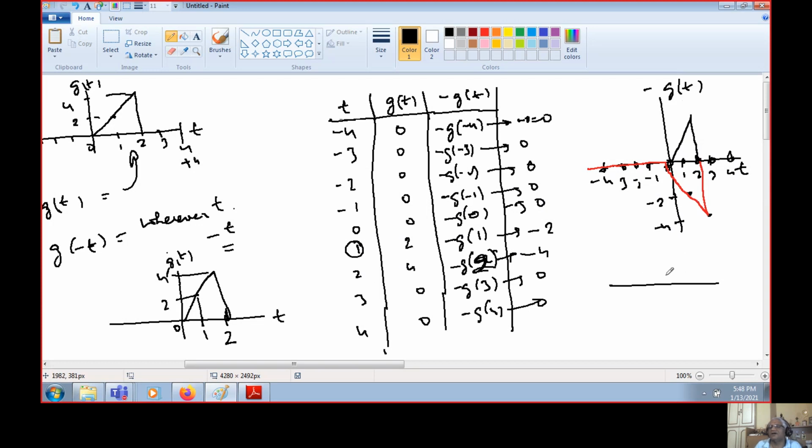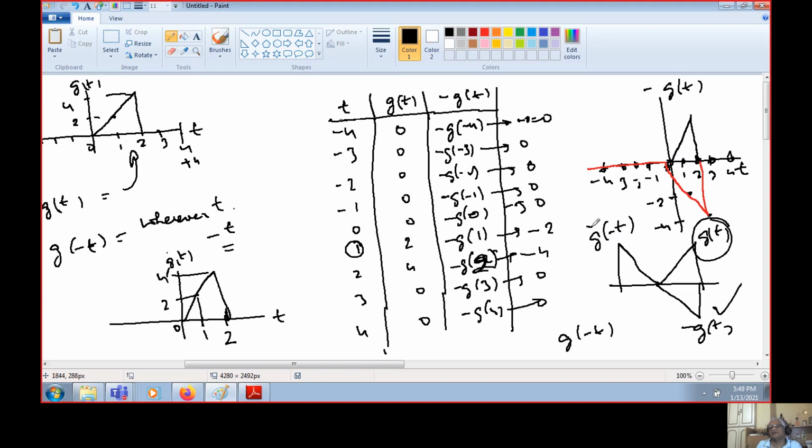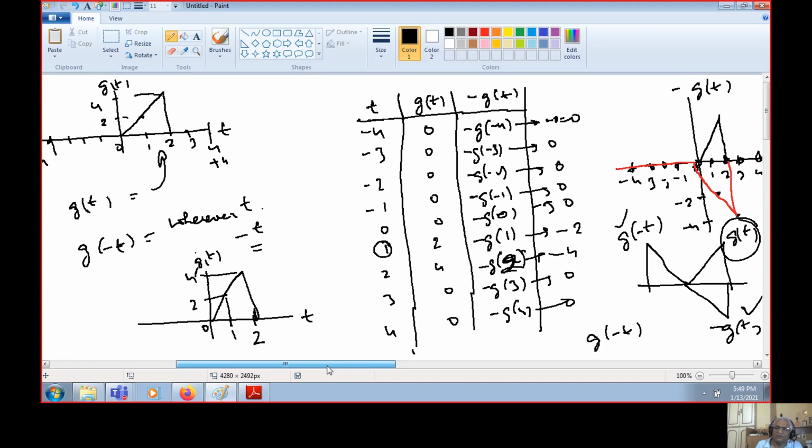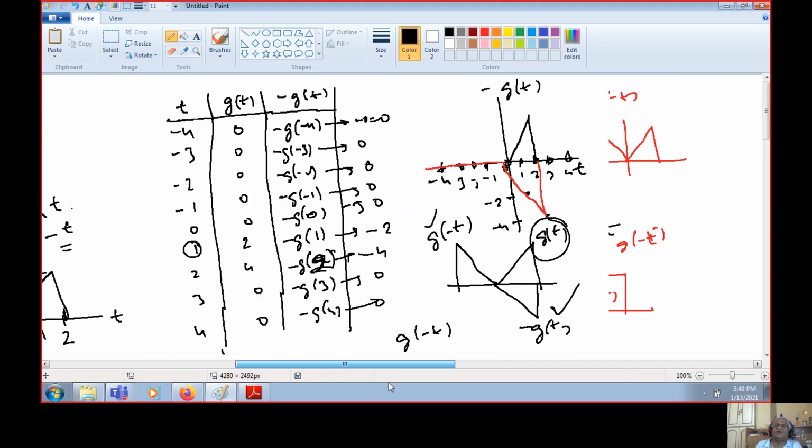So if this is g of t, this is minus g of t. What is g of minus t? This is g of minus t. Understood?